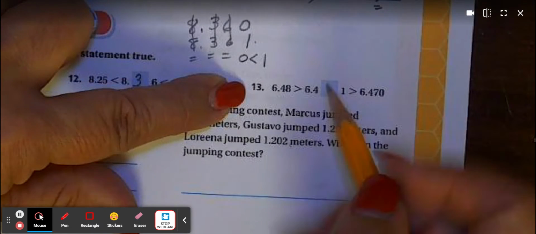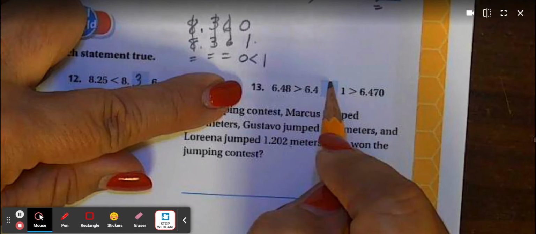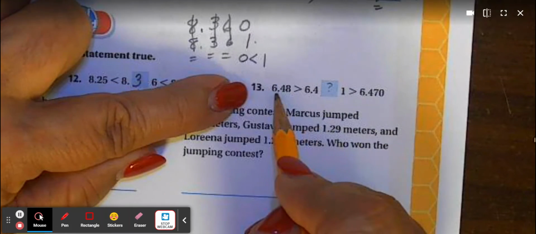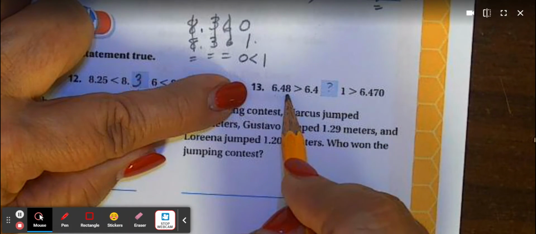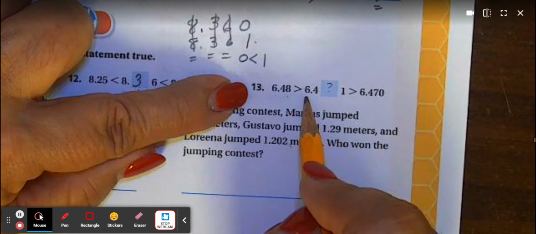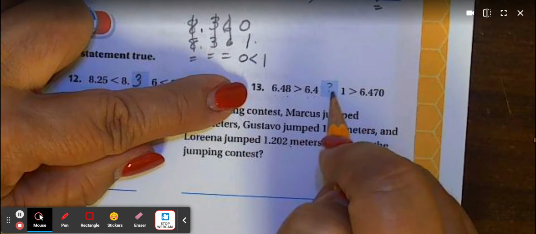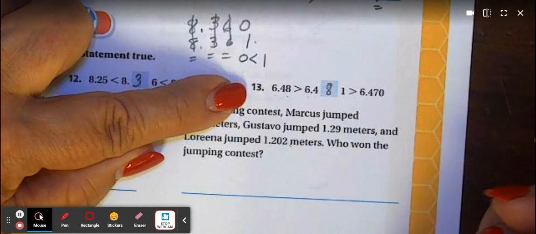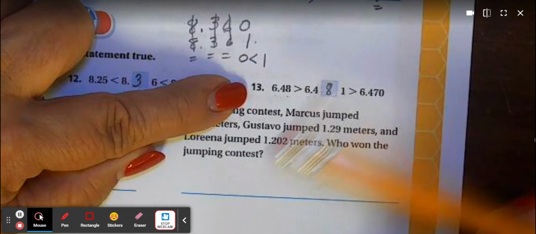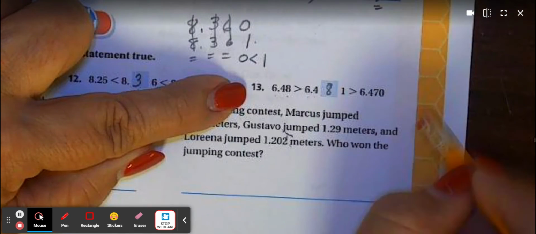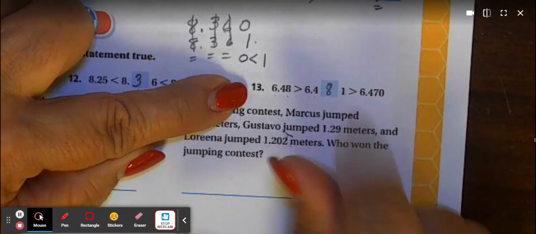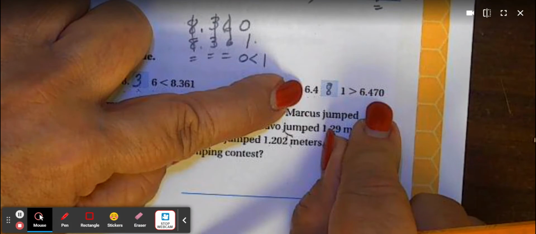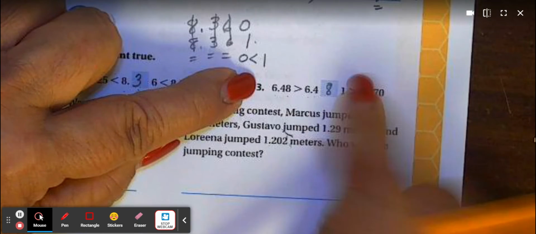Okay, let's move to number 13. Which number can I put here? So I have 6 and 48 hundredths is greater than 6 and, can we put that number? Can we just start off with an 8? No, it's going to be too big. It does work for this one, but it doesn't work for the first one.